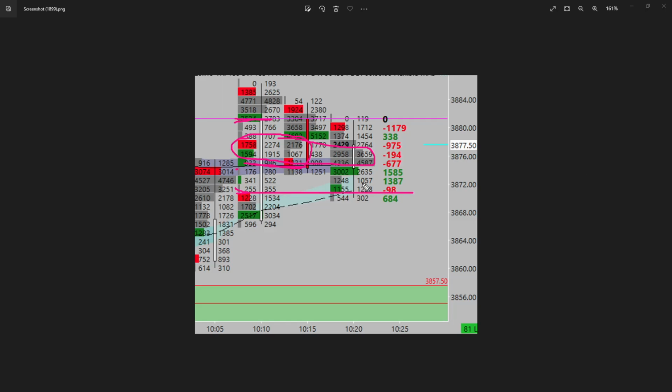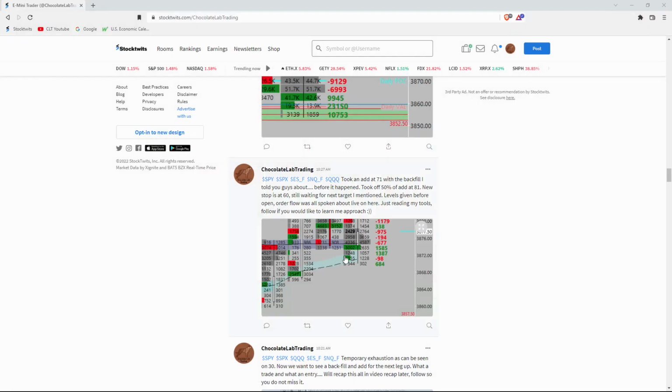Over here. So what I want to see as someone who's looking to add is a pullback, fill this volume gap, buying imbalance on the tape, and adding to the delta. Looking at the volume nodes and a few other things, but that's what I'm looking for. And sure enough, we got it, and it provided a great add for the trade.